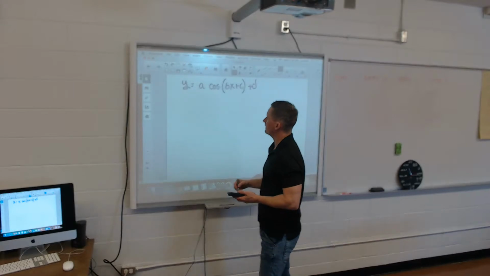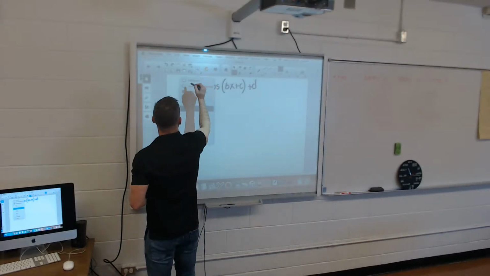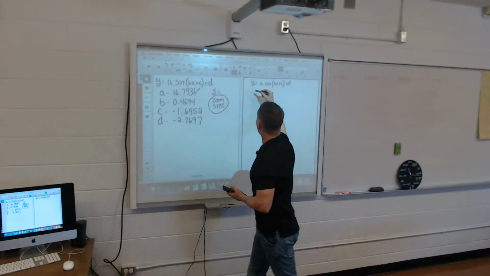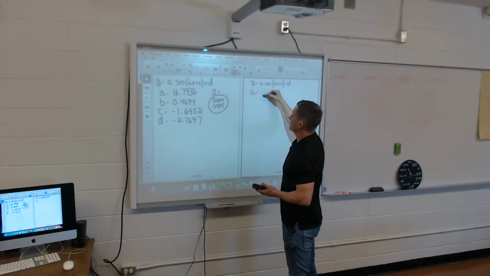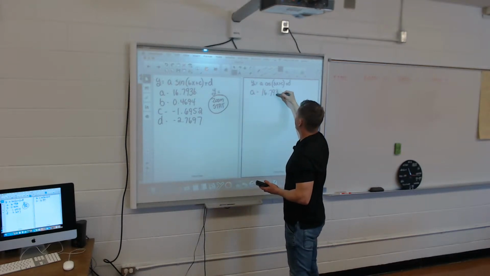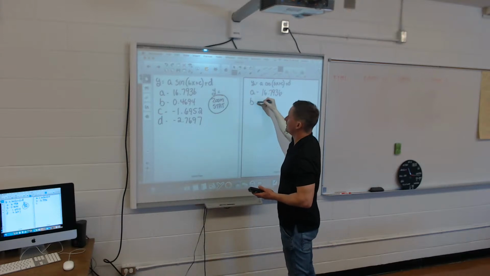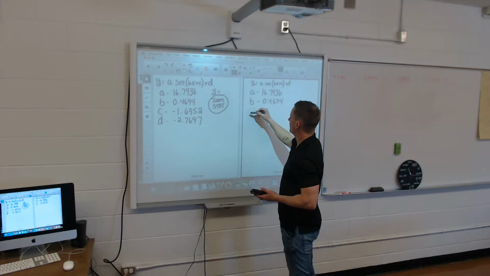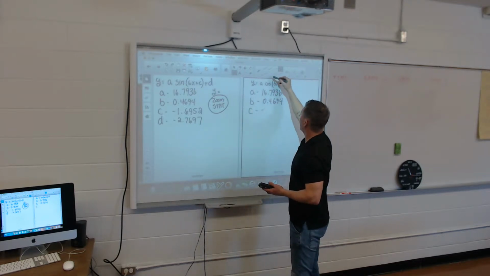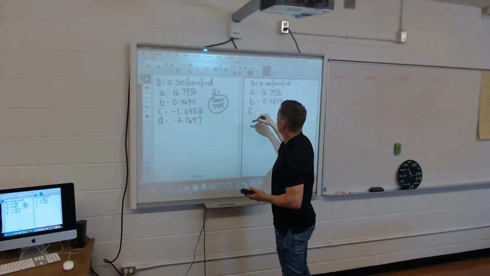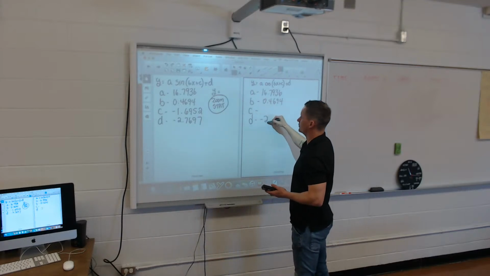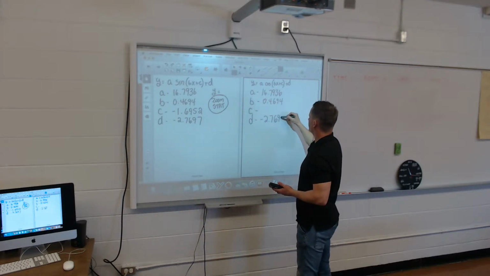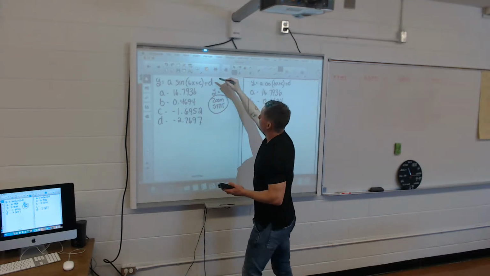That's my new C. So for my COAST graph, I'm going to use A as 16.7936. I'm going to use B as 0.4694. I'm going to use C as whatever I calculate, and my D value is negative 2.7697.